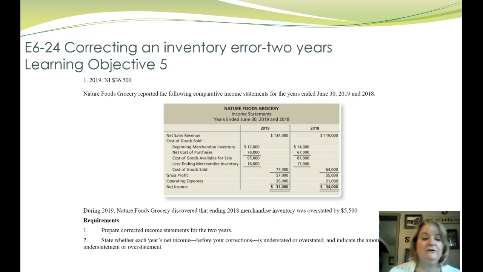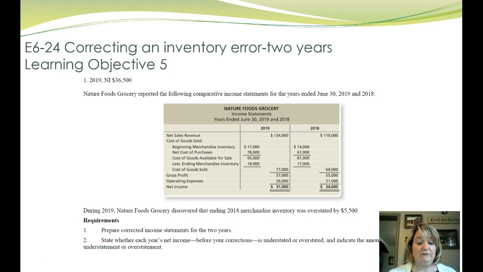So here, Natural Foods Grocery reported the following comparative income statements for the years ended June 30th, 2019 and 2018. And during 2019, Natural Foods Grocery discovered that ending 2018 merchandise inventory was overstated by $5,500.